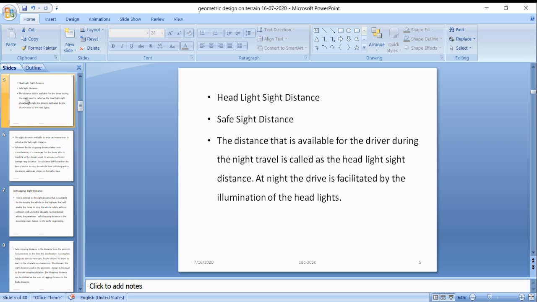The distance that is available for the driver during night travel is called the headlight sight distance. So when a driver is driving at night, he should also be able to see the objects at night also.